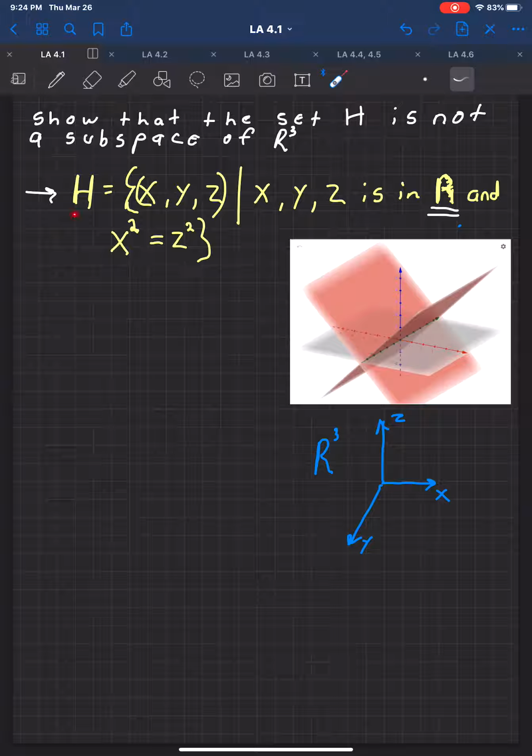We're going to let H equal the set of all x, y, z points such that the x, the y, the z is in R. Now, what do we mean in R? That means the x, the y, the z are real numbers.